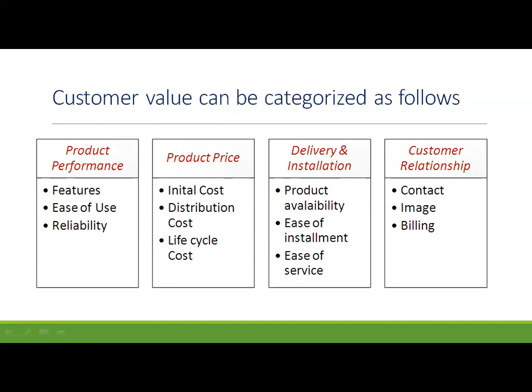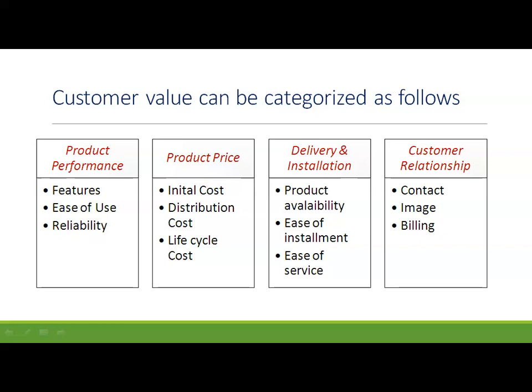Suppose there are two apps, the Sharekhan app and the Zerodha app, and, just as an example, the majority of people think that the Zerodha app is more user friendly than the Sharekhan app. So there is ease of use, and how reliable that product or service is. So n number of features will be there. From that we can judge the product performance that can lead to ultimate customer value.